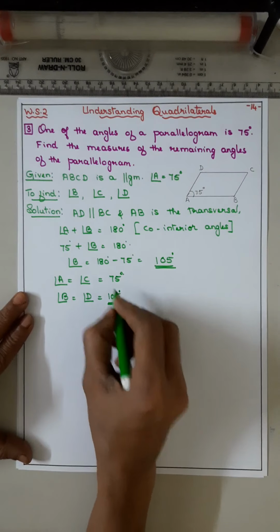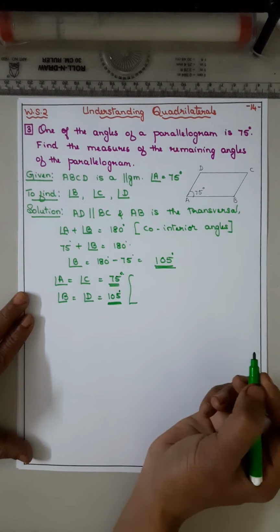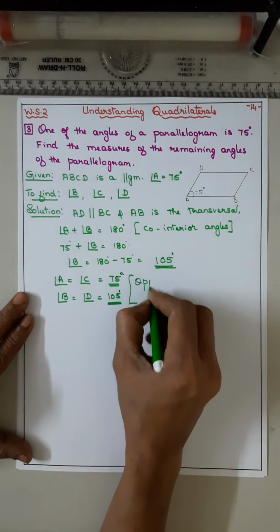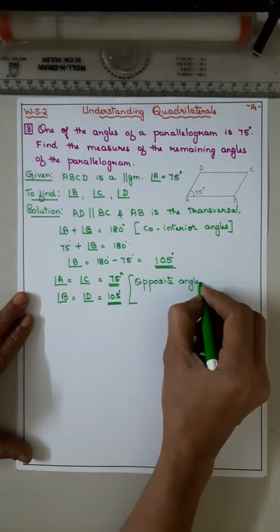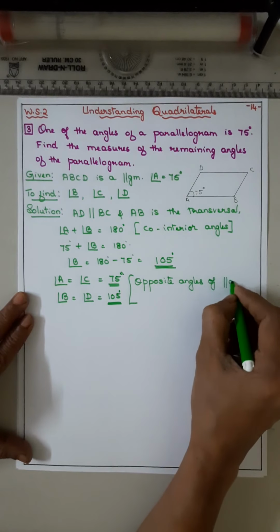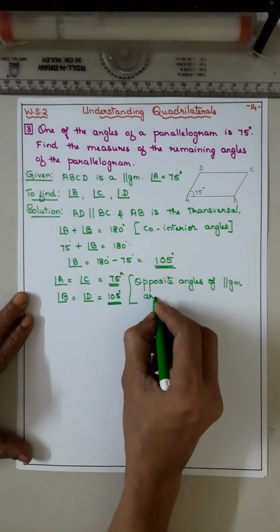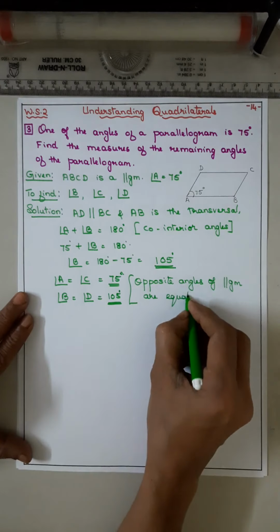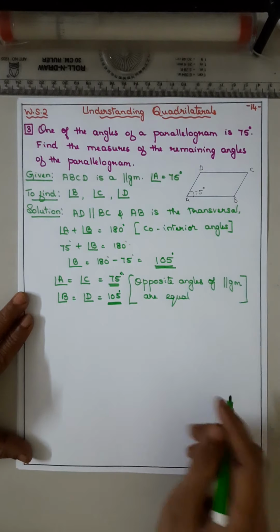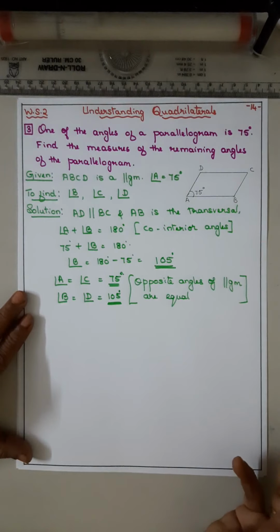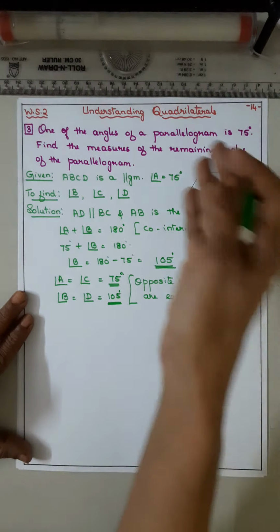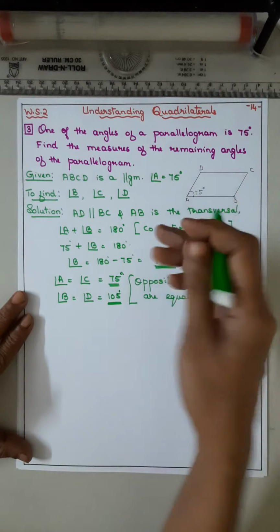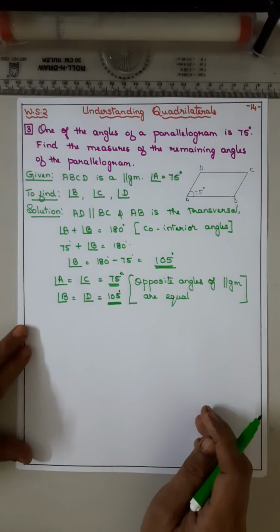For both cases, the opposite angles of a parallelogram are equal, isn't it? That is why A is equal to C, B is equal to D. So first find out the adjacent angles, then opposite angles you will get easily.